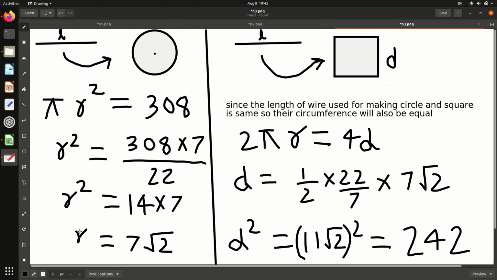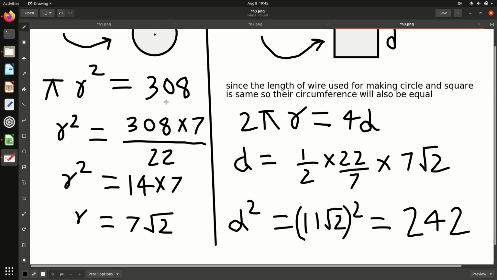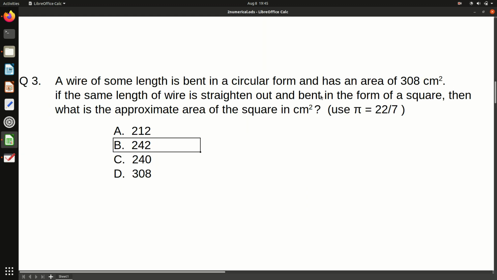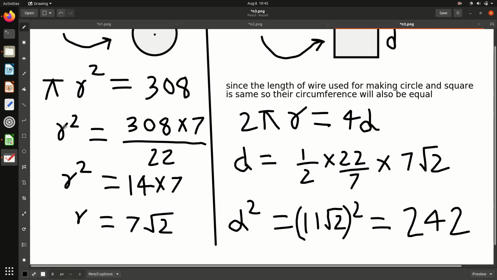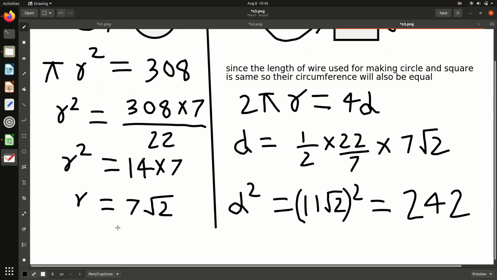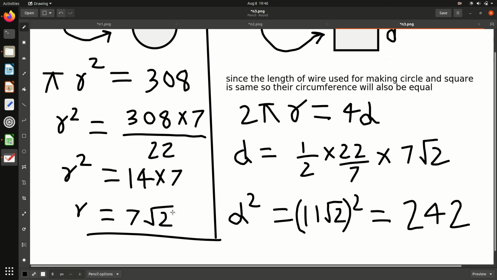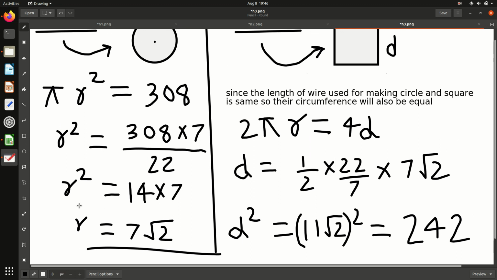So from here we try to get the value of r. You can solve it, and it is saying to put pi equals 22 by 7. So we have just put pi equals 22 by 7 and solved it. So we got the r value as 7 root 2. It is simple, we just applied the formula and we got the value of the radius of this circle.